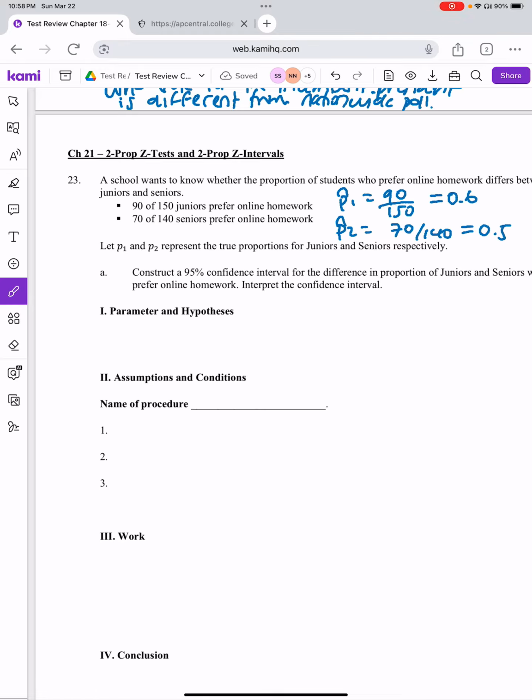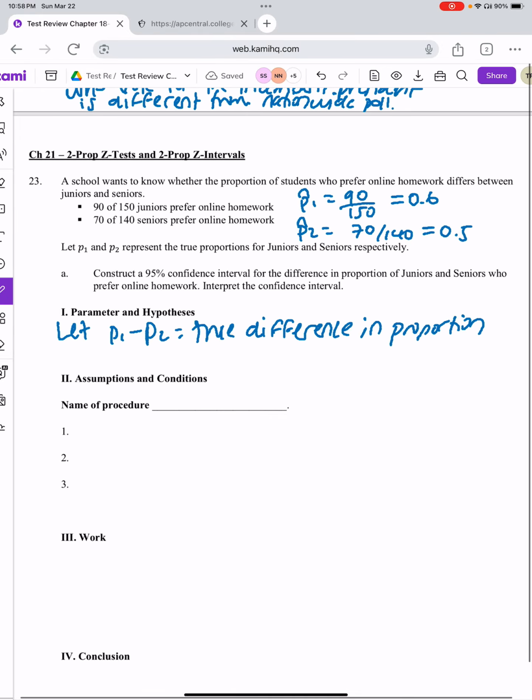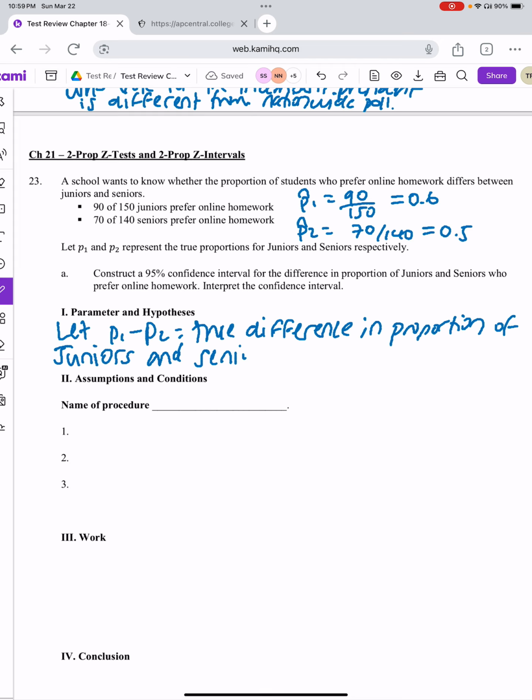Okay. So for the parameter, this one is pretty straightforward. We need to state that let P1 minus P2 equals the true difference in proportions of juniors and seniors who prefer online homework.